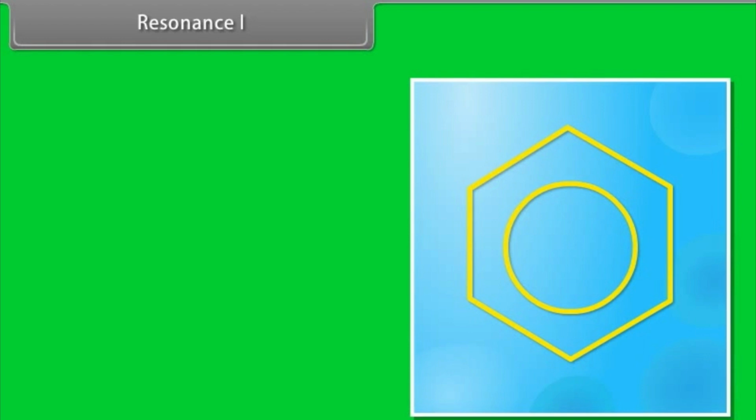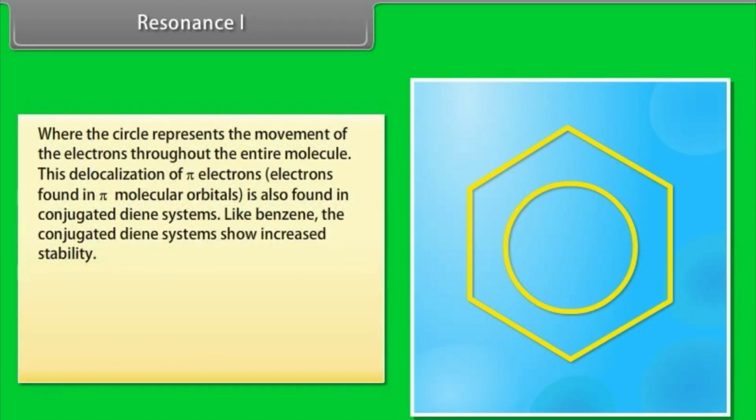The hybrid of these structures would be drawn like this, where the circle represents the movement of the electrons throughout the entire molecule. This delocalization of pi electrons, found in pi molecular orbitals, is also found in conjugated diene systems.